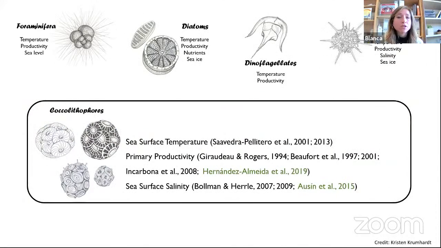Some of the most used microfossil groups include planktonic foraminifera, from which we can derive temperature, productivity, or sea level, but also diatoms, dinoflagellates, or radiolarians. Coccolithophores too, and this is because they are one of the major components of phytoplankton.